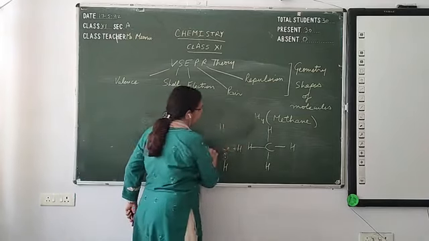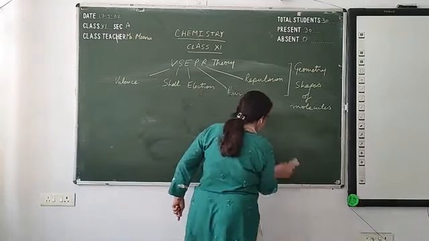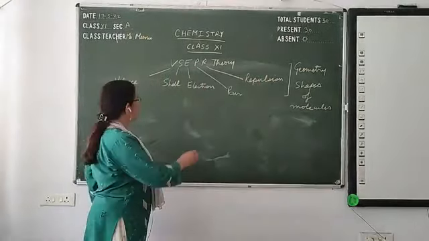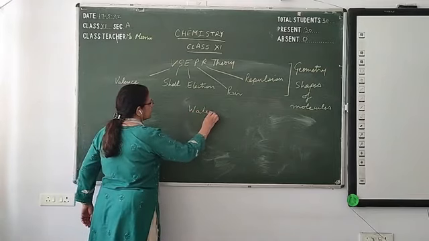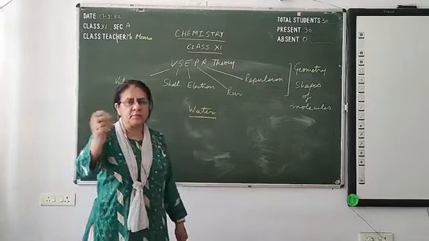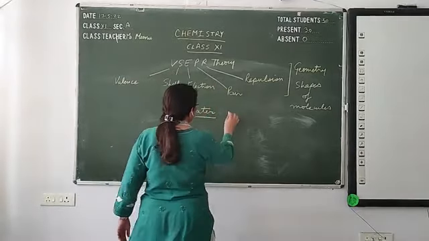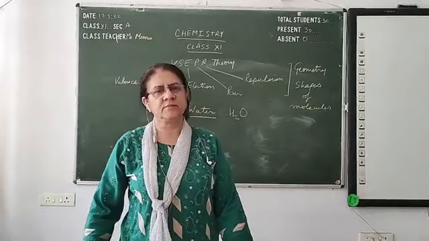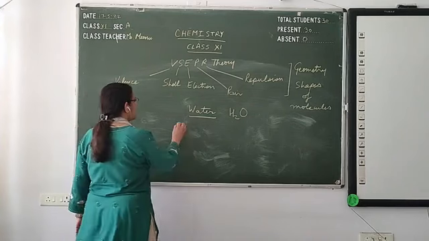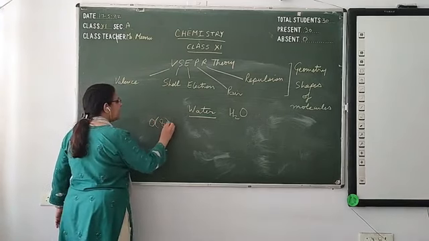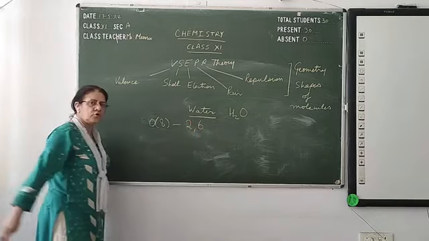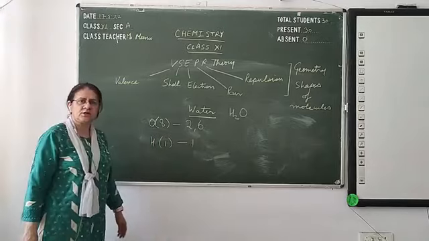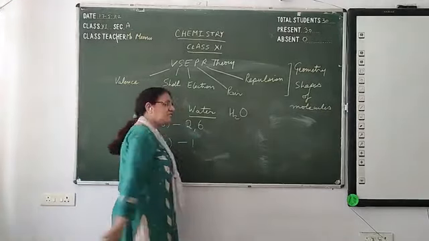Let us take another example, that of water. Can you tell me the formula? Yes, it is H2O. Oxygen has atomic number 8, electronic configuration 2,6, and hydrogen has atomic number 1, electronic configuration 1. Which is the central atom here?